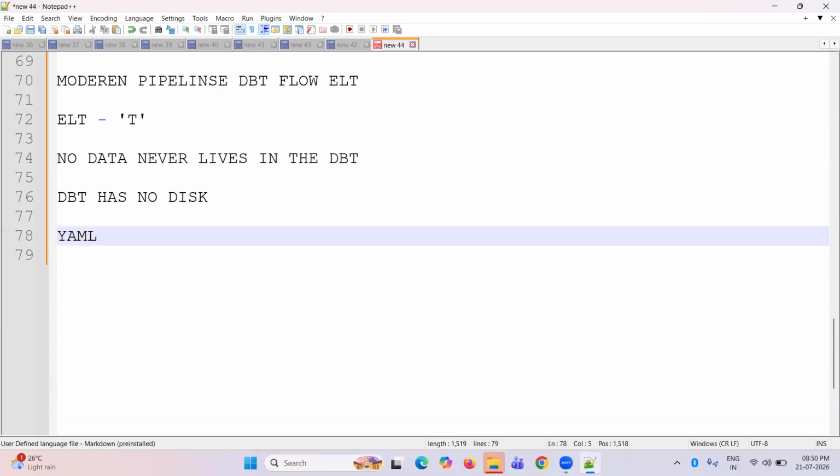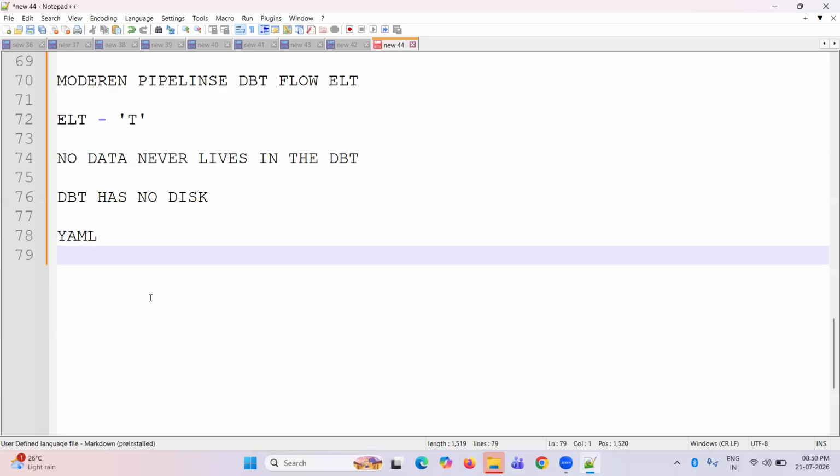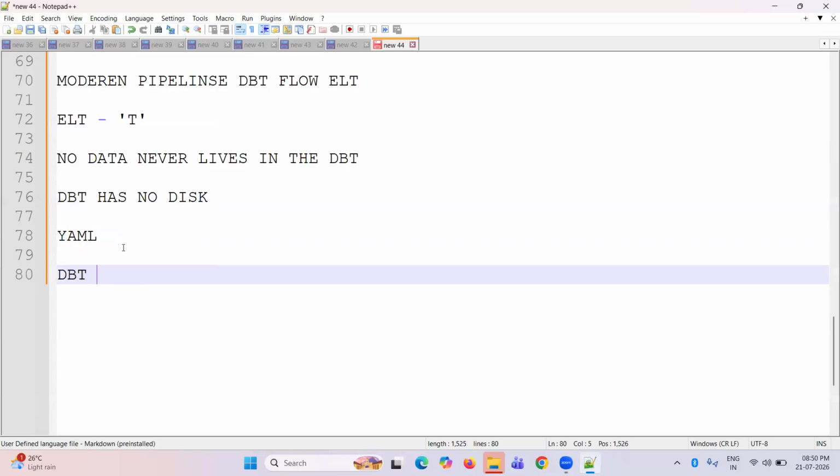When you run the dbt run command, dbt compiles your SQL, sends it to Snowflake, and Snowflake executes it and stores the results. dbt itself is stateless when it comes to the data; it does not store the data. Okay, stateless. And we have dbt Core and Cloud.